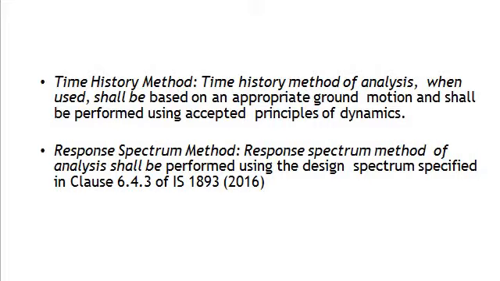On the other hand, response spectrum method of analysis shall be performed using a design spectrum specified in clause 6.4.3 of IS 1893 2016. In general, most of the time we are using the response spectrum method only. In the absence of the earlier data, we use this method only.